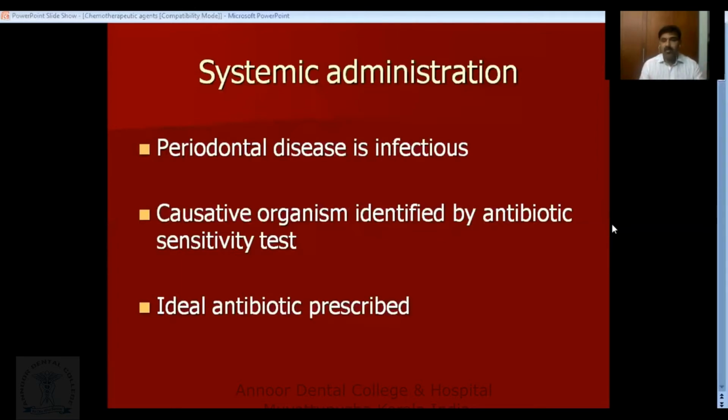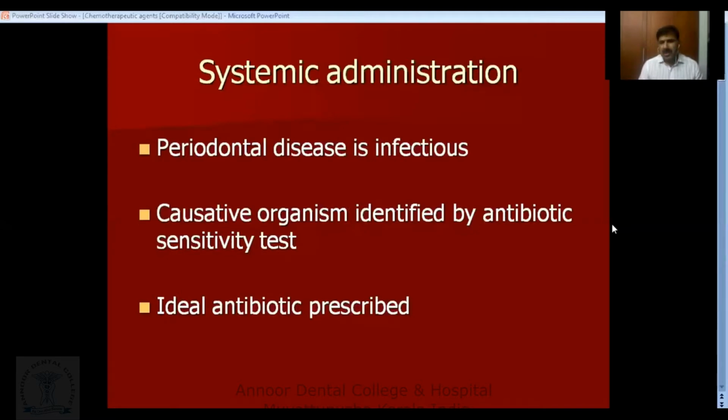So even if you mechanically remove all the microorganisms within the gingival sulcus, you still have microorganisms within the gingival tissues, which you may not be able to remove by means of local debridement, that is scaling or root planing. So in that case, you probably have to give a systemic antibiotic, or an antibiotic that is present locally at that point, so that it acts on the microbes that are present in the tissues.